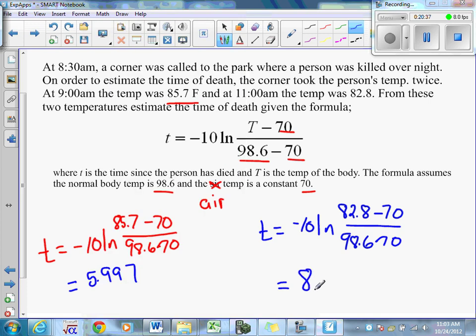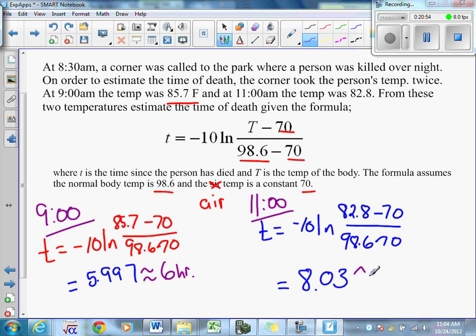And I get 8.03. So how does that help me determine when the person died? Well, at 9 o'clock, it was basically 6 hours earlier. At 11 o'clock, it was basically 8 hours earlier, which makes sense.